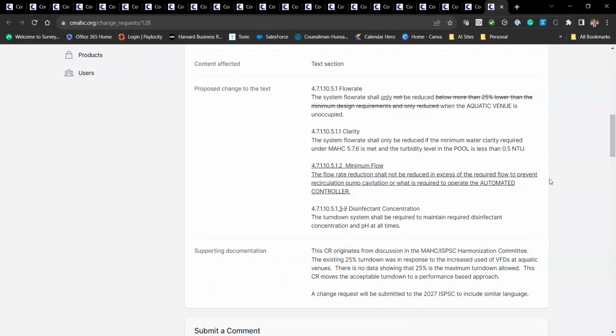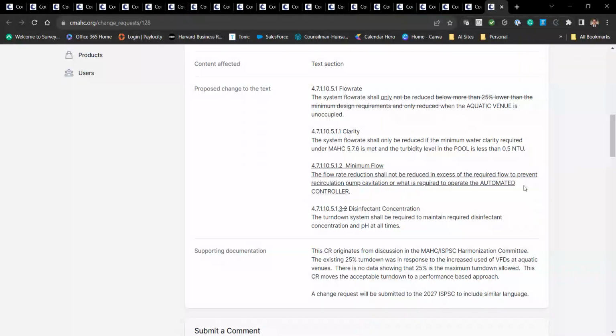47110-512 minimum flow. The flow rate reduction shall not be reduced in excess of the required flow to prevent recirculation pump cavitation or what is required to operate the automated controller, which makes sense. We don't want to kill our pumps by reducing our flow rate or not be able to siphon chlorine.